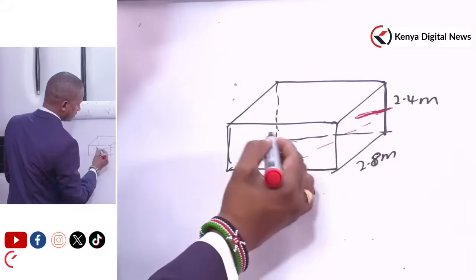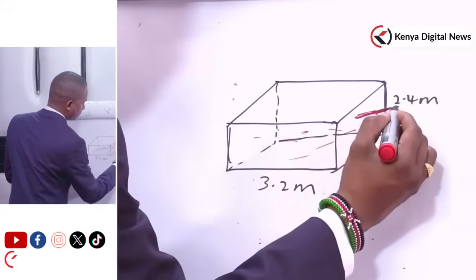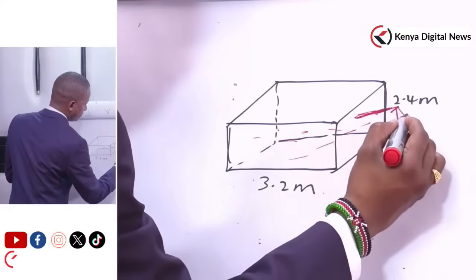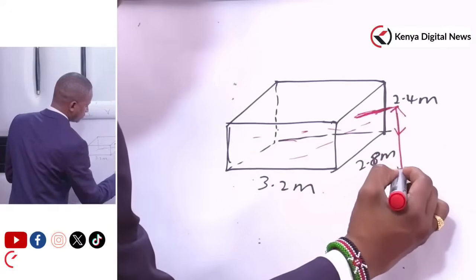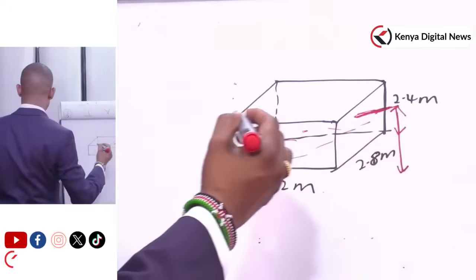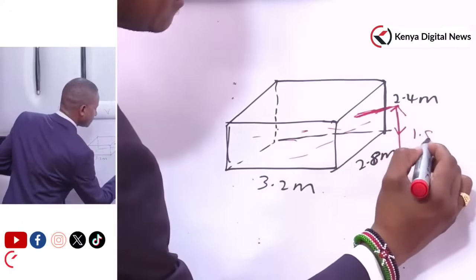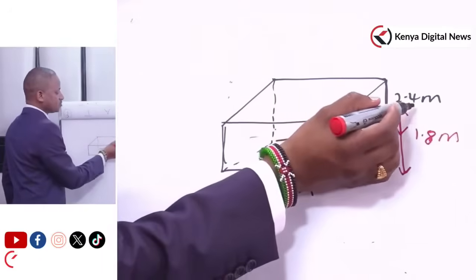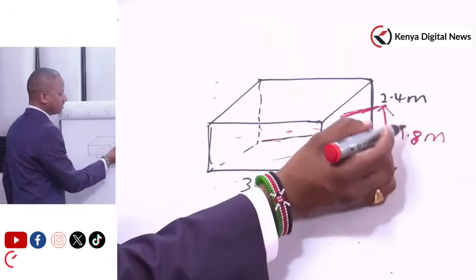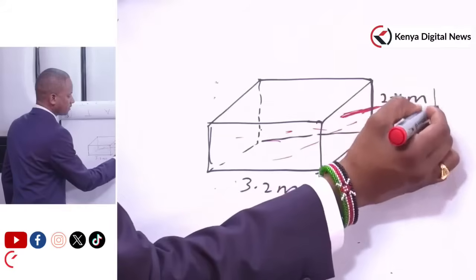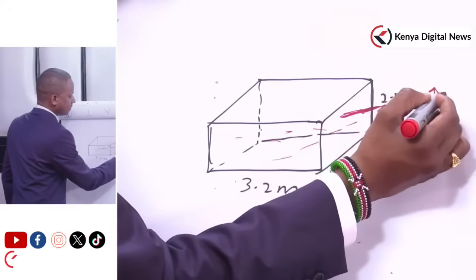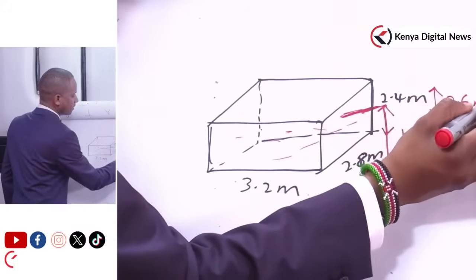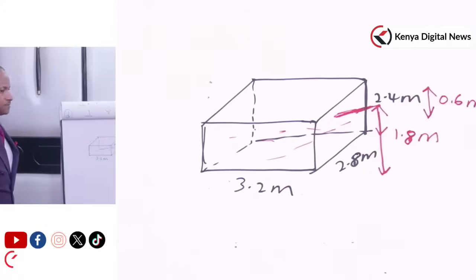So this level that is containing water is 1.8 meters, which means that 2.4 minus 1.8 is 0.6. So this height that does not contain water is 0.6.